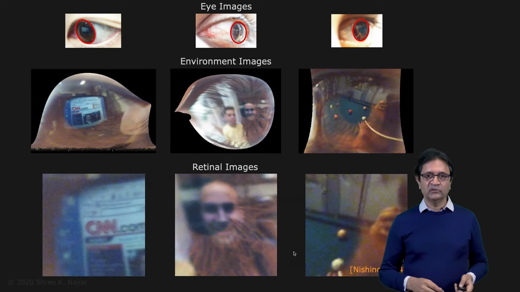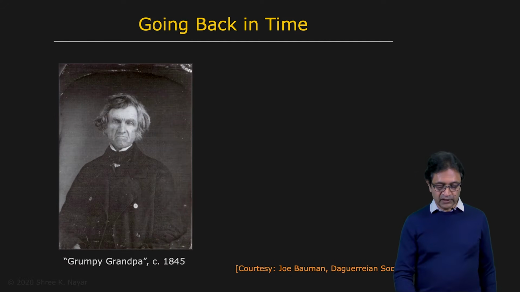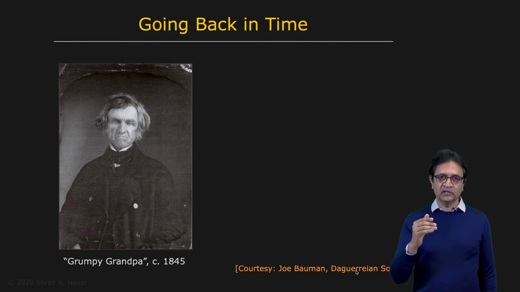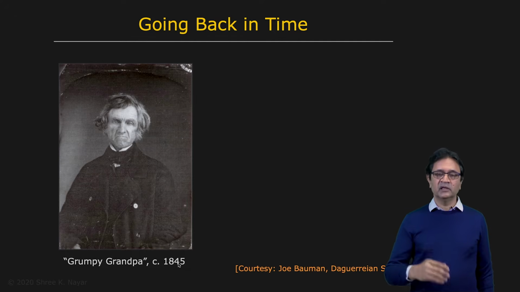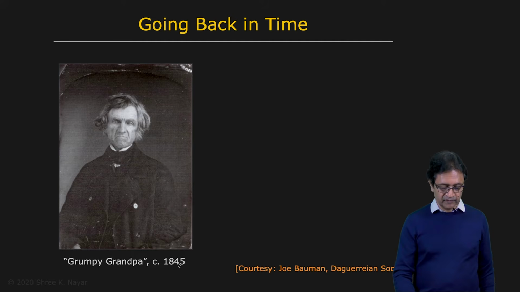Okay, so I want to share with you an example of this technique, which is interesting. There is a society called the Daguerrean Society, and this society has some of the largest collection of some of the earliest photographs, daguerreotype photographs that have been captured. So this one is from 1845, almost immediately after the daguerreotype camera, the film camera, was first invented.